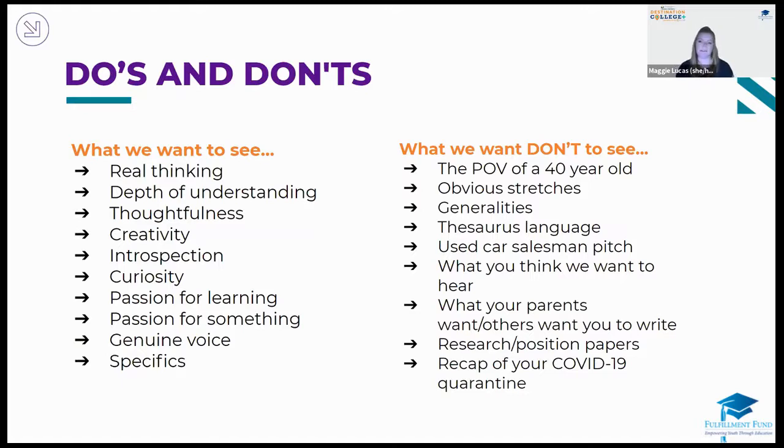We want you to dig a little deeper than that. If you do feel like there was something that happened during COVID, we'll talk about that in the additional information section, which is another place in the application where you can capture that. So just make sure it is reflective and that you are sharing some important qualities of your character with the admissions committee.